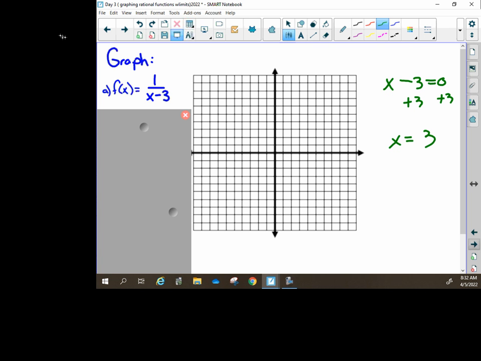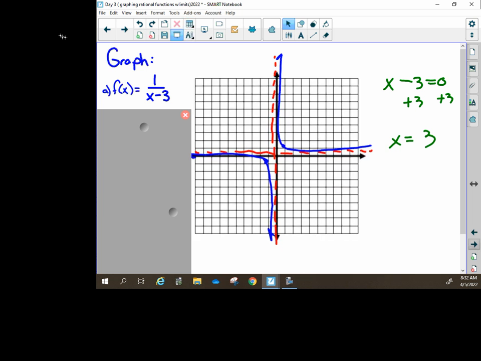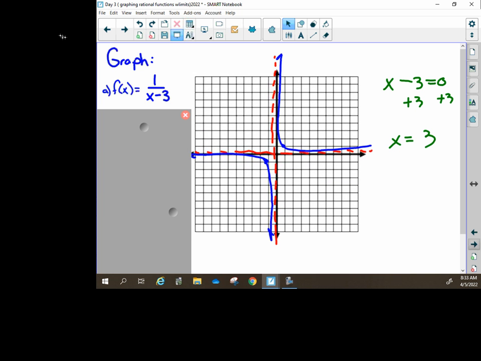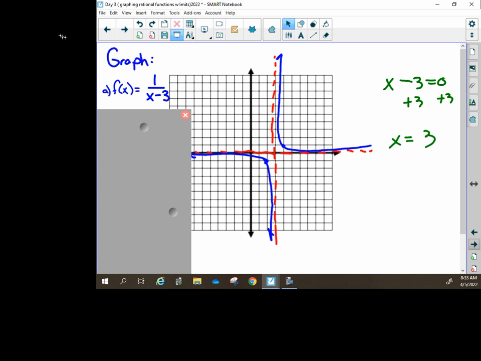So when I shift the parent, remember, we have an asymptote, okay, just like that. We have our graph that goes like that. We have our graph that goes like that. And I'm going to shift this whole thing to the right. 1, 2, 3.